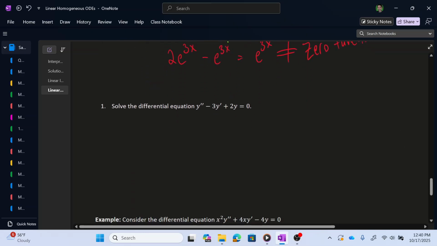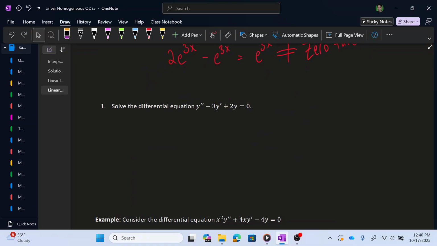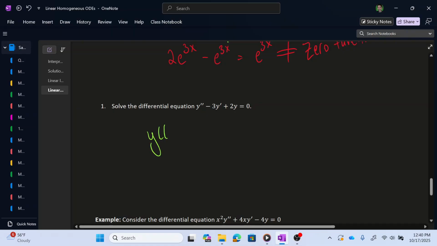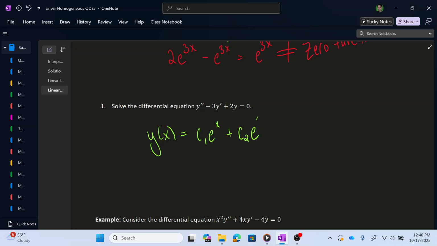So then someone says, solve that differential equation. At this point, we have almost no work left to do. Because we found two independent functions that make this equation true, we know that every other solution to this equation can be constructed as a linear combination of these two.